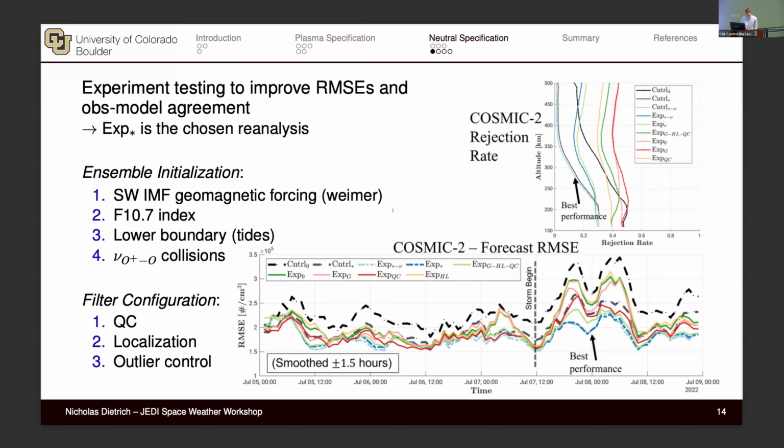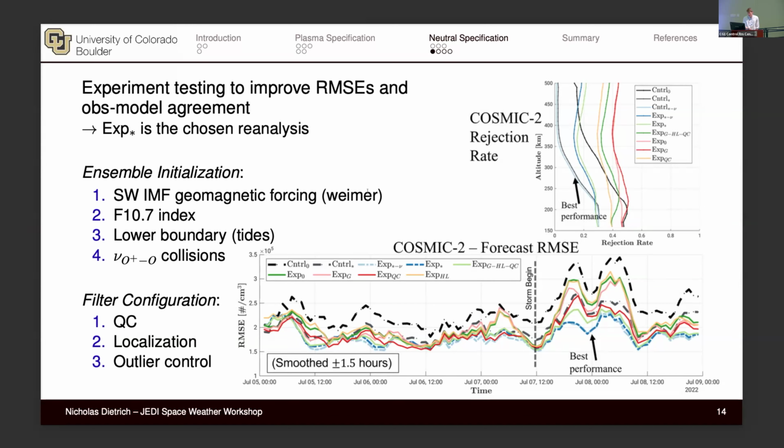So not great. And so with this, we focused on ensemble initialization approaches. We're perturbing geomagnetic forcing with Weimer solar wind parameters, and the F10.7 index, which is a very strong tuning parameter. Some lower boundary tide perturbations, though I want to note that TIE-GCM uses a lower boundary parameterization, so it's not fully coupled with the lower atmosphere.